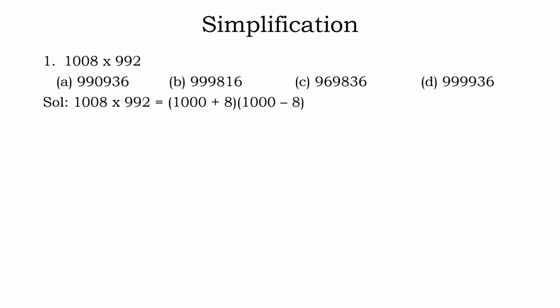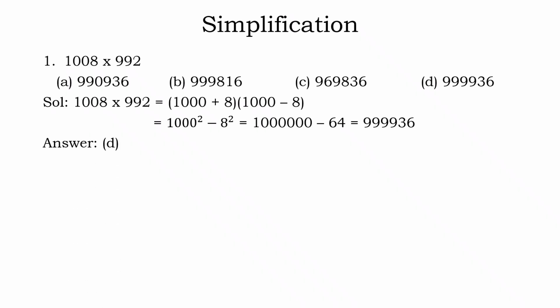So you can write this as 1000 plus 8 into 1000 minus 8. Then on simplification you get 1000 square is 10 lakh minus 8 square is 64. So the answer is 9,99,936 and the answer is D.